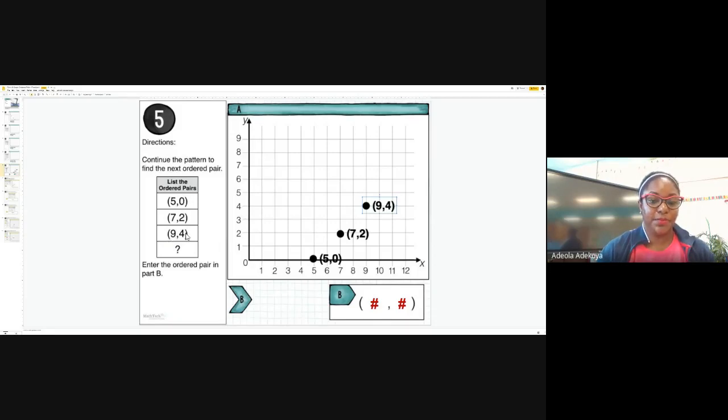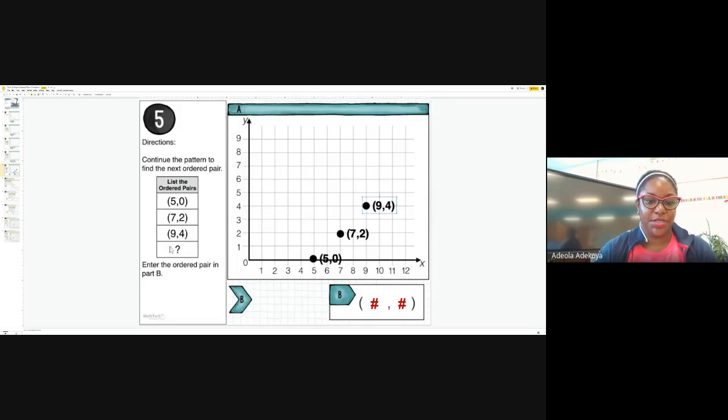So I can use this pattern to generate and create our missing number. To do that, I'm going to add 2 to my x and add 2 to my y. It's not always that the x and y add the same number. Sometimes it might be add 5 here and add 1 here. It can be add 4 and add 8.